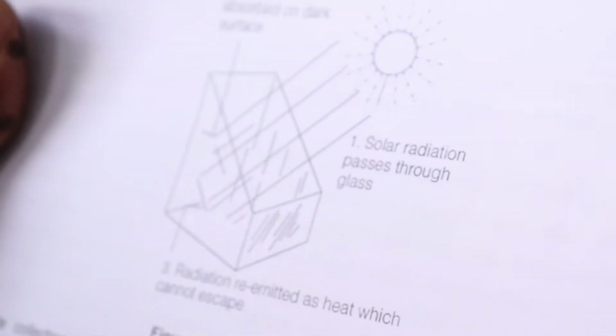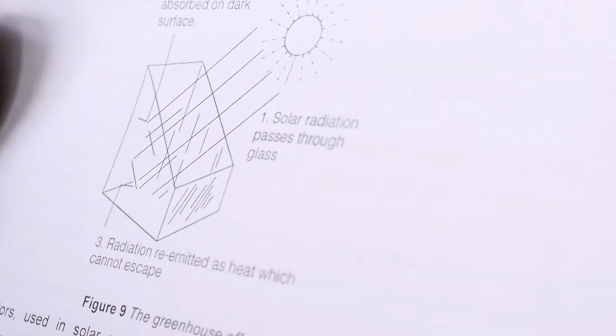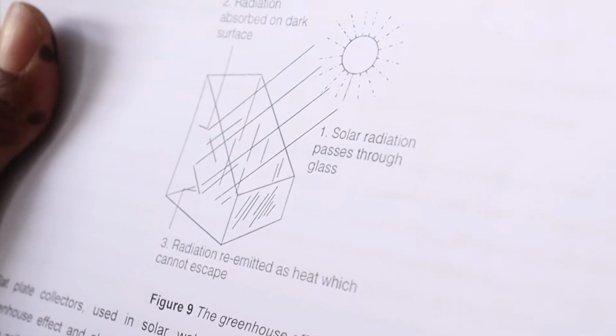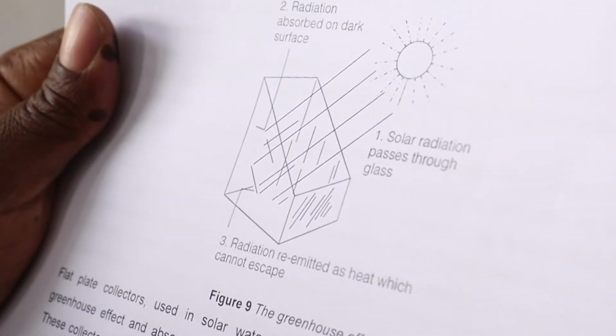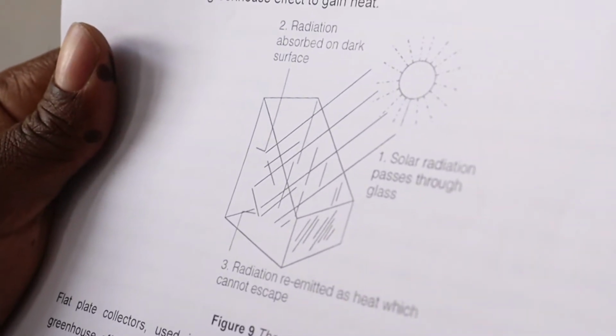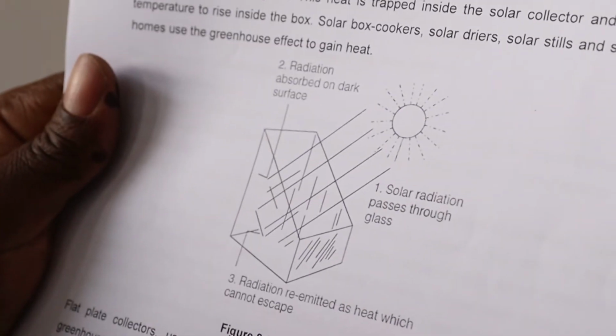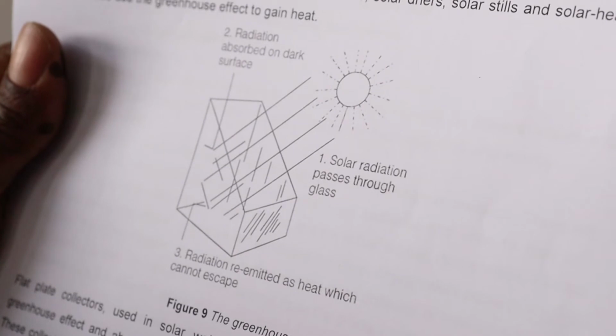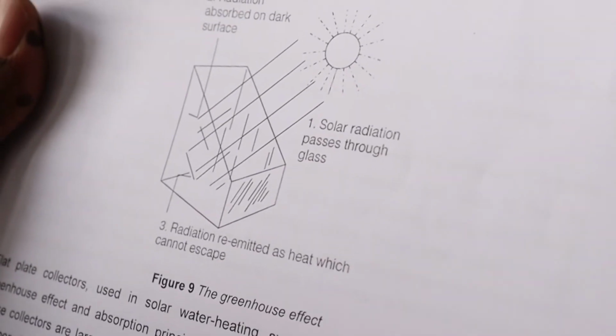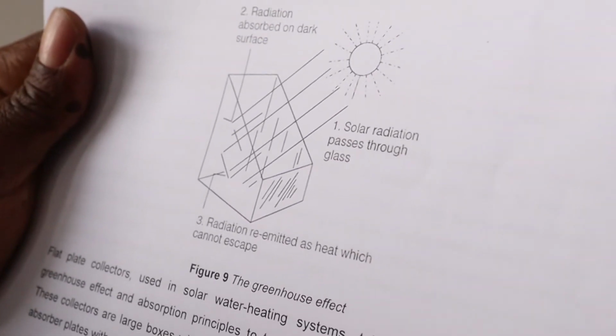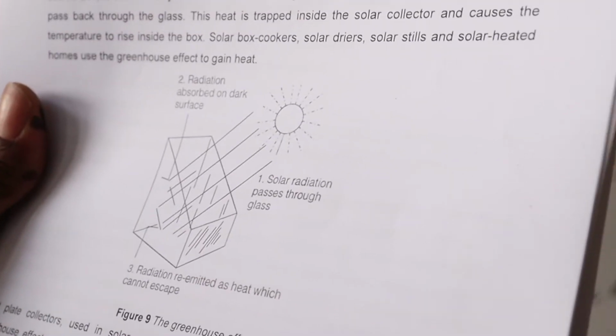The first thing that happens is that the solar radiation passes through the glass. Then, because the walls are painted black, the radiation is absorbed on the dark surface. Therefore, the radiation is emitted as heat which cannot escape, and that is what we talk about as the greenhouse effect.